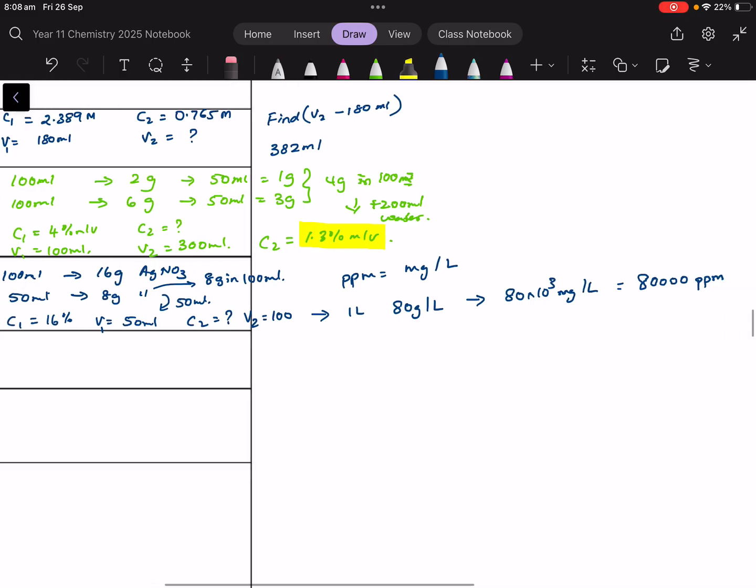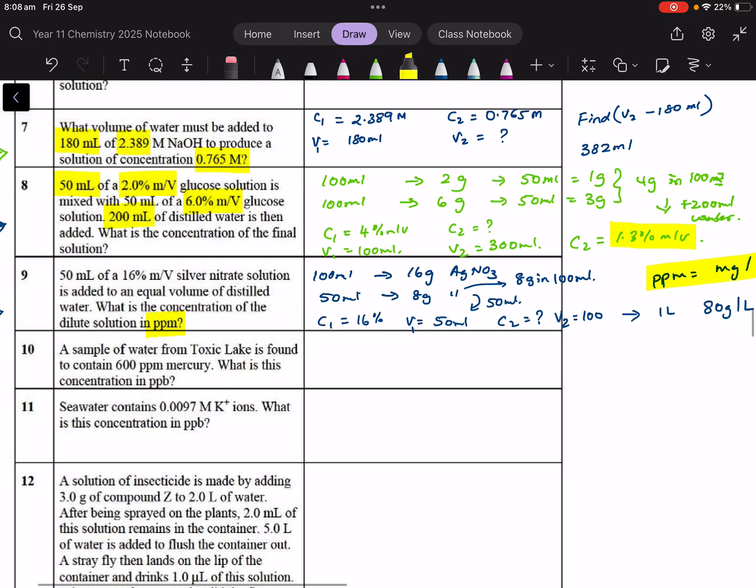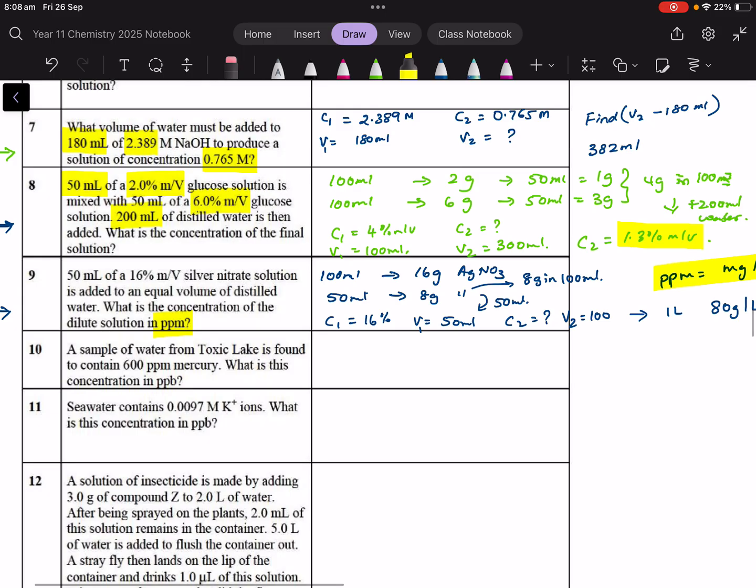So hopefully that kind of conversion is something that you will work on from the textbook questions as well as from what's given over here. Yeah. And remembering that parts per billion, which is in the next question, is also equal to micrograms per liter. So micrograms is even 1,000 times smaller than milligrams.